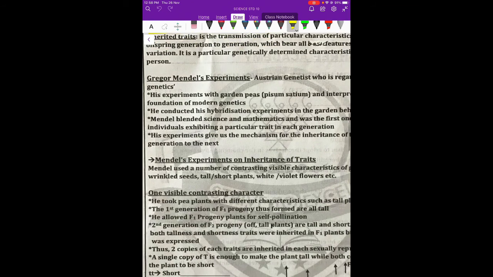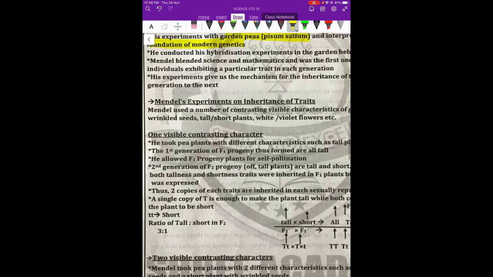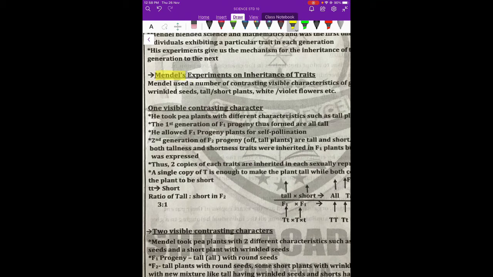So there was a great Austrian geneticist by the name of Gregor Mendel. He started his experiment with garden peas, and he interpreted the results so nicely that it became the foundation of modern genetics. So what did he do? He worked first on the inheritance of traits.